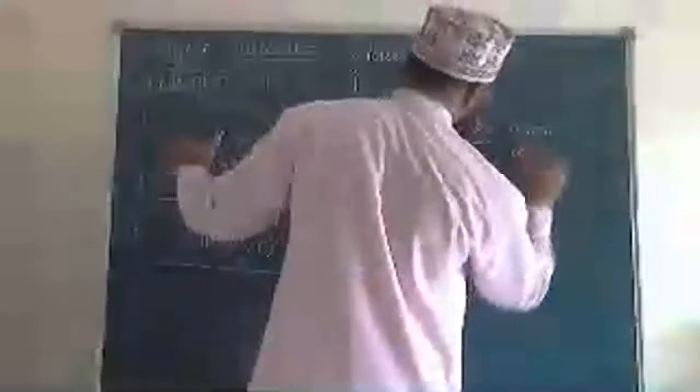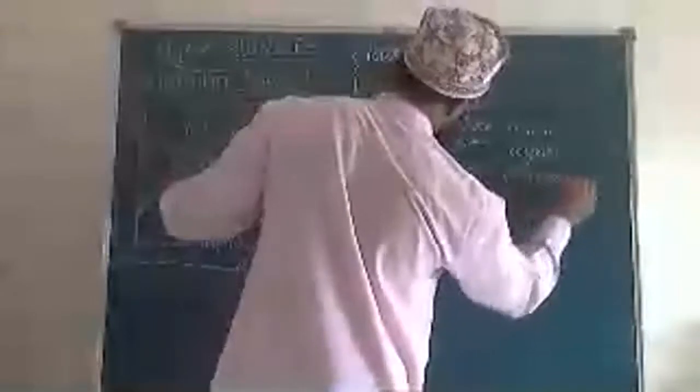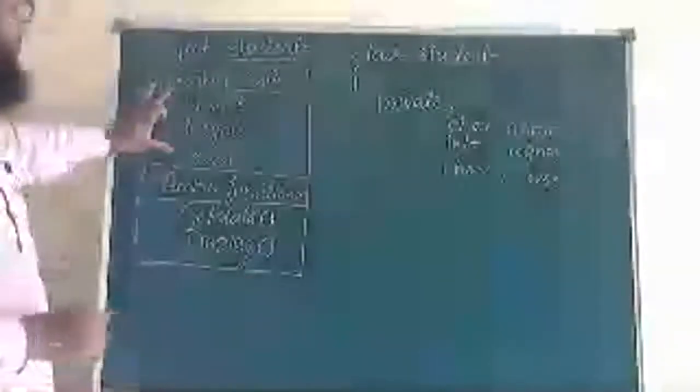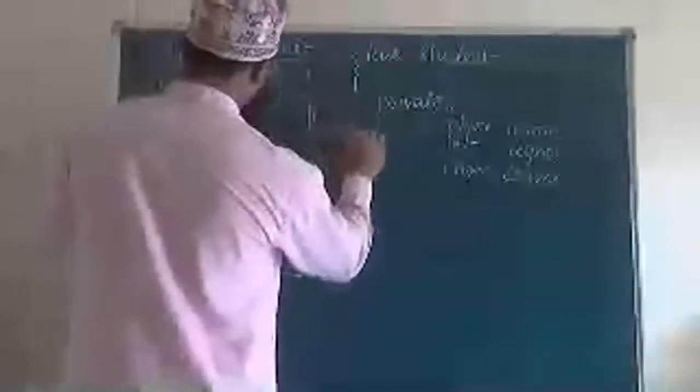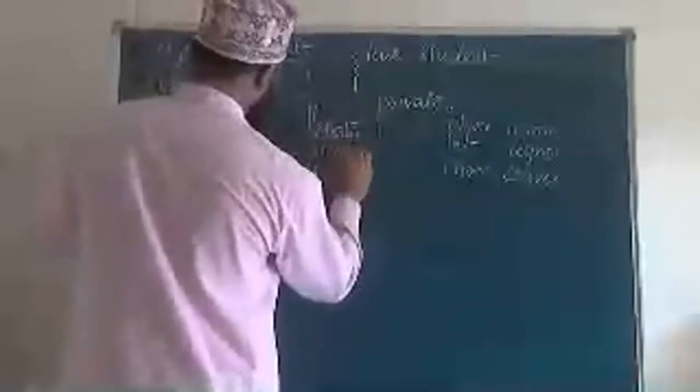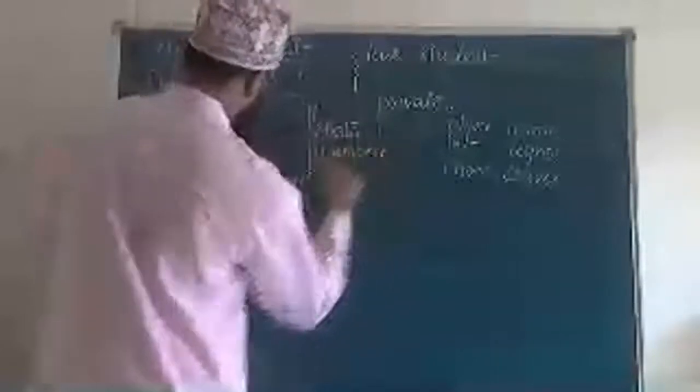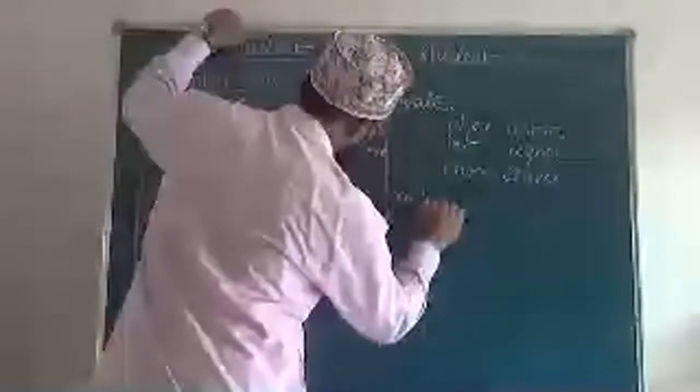So take it as register number. Then for course name, I will take it as char course. These things are data members, and these are called member functions.